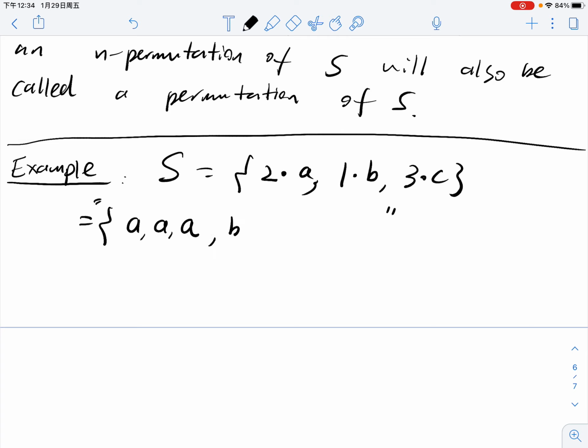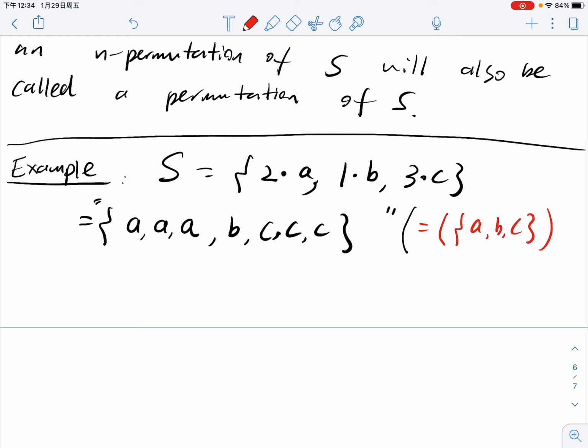This is a problematic way to write down the actual meaning, because when you talk about a set, {3·C, A, B} should be the same as {A, B, C} as a set. But when we talk about a multiset, we still include the multiplicity.